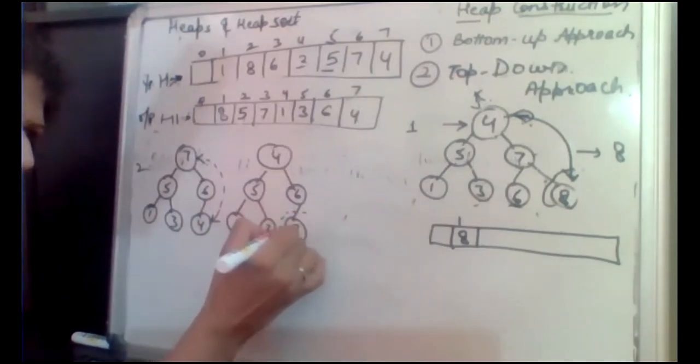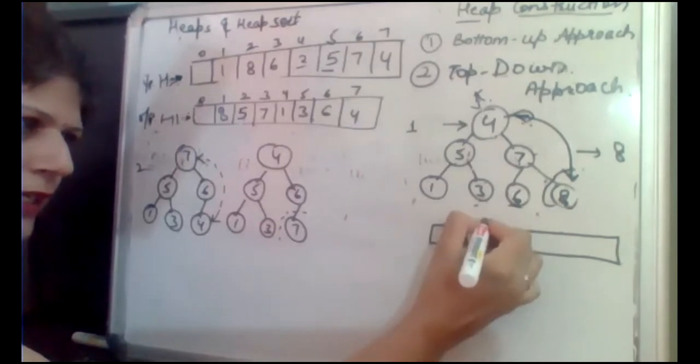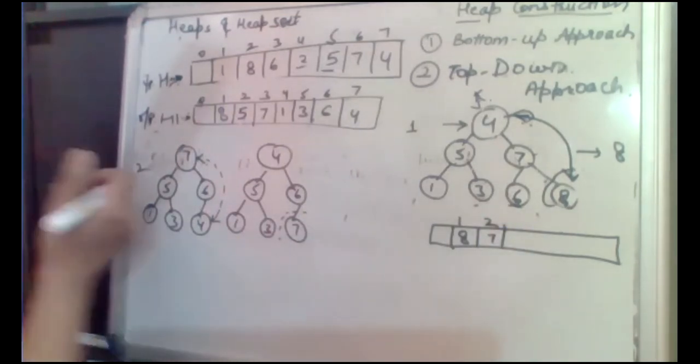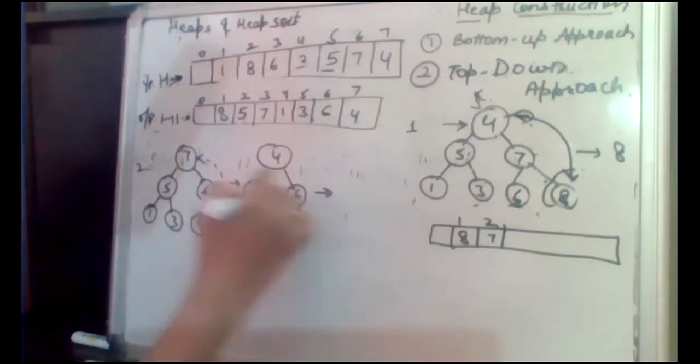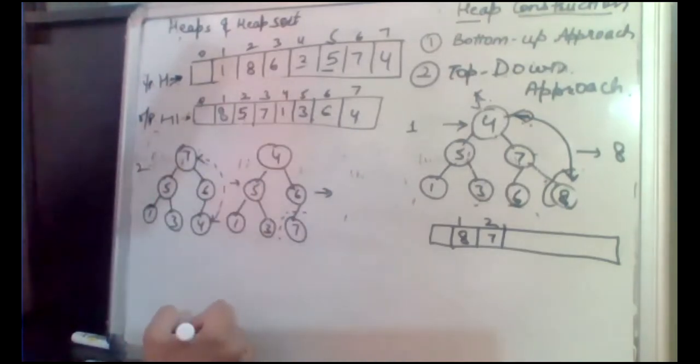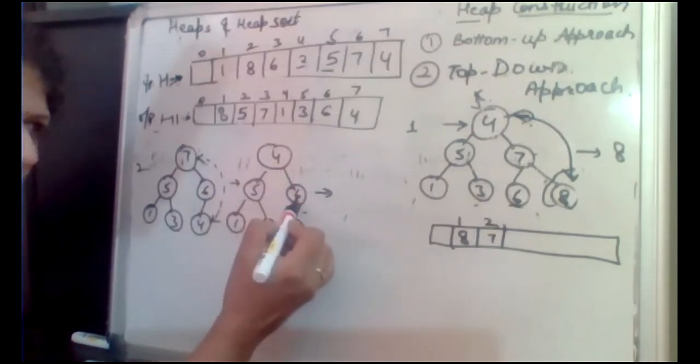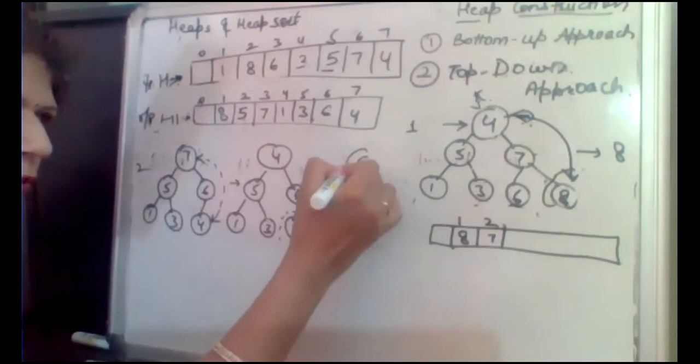So it's going to delete this. So at the second index, you get 7. And again, from here, it is going to heapify the remaining elements. So from here, whichever is the greater child node, that will be swapped with 4.